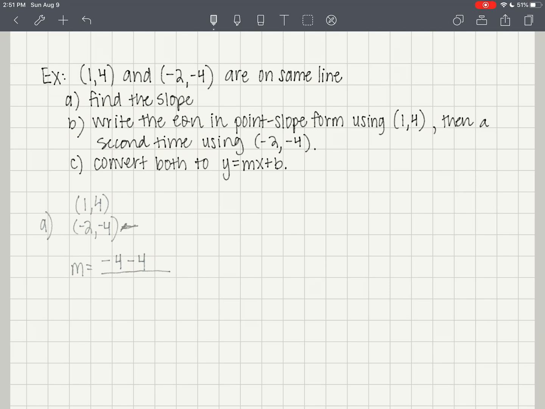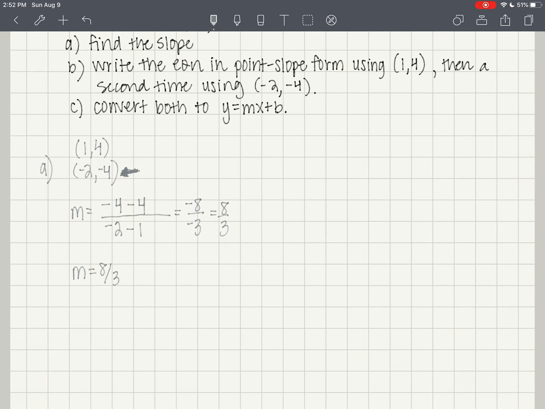The one on the bottom is the one I decided to start with first this time, which means when I go to the x's, I need to start with the x value, -2 minus 1. So that's -8 over -3, which is 8/3. So the slope is 8/3.